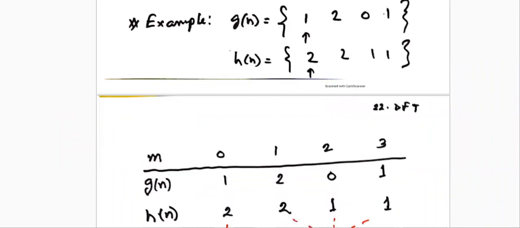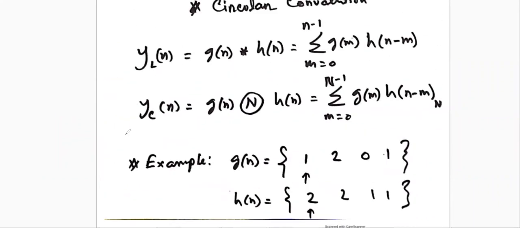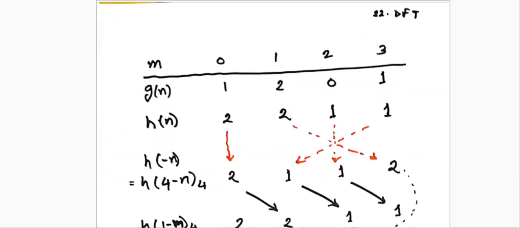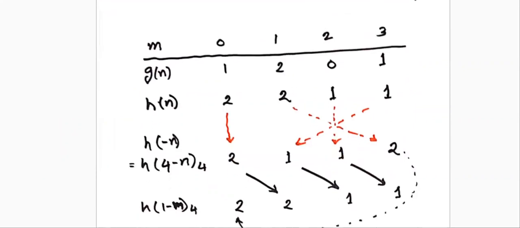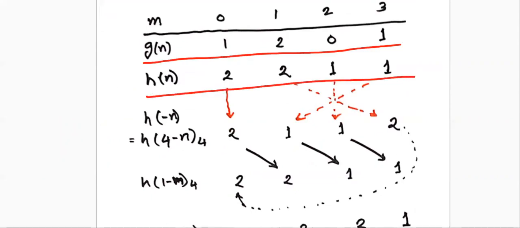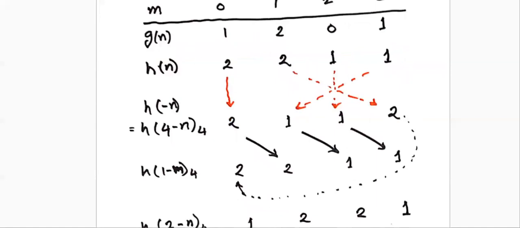Now we need to do the circular shifting. This is our equation. We are doing it step by step. This is our g(n) and this is our h(n). What is the first operation? We can write the equation on the left so we can understand it. This is the sum from m equals 0 to capital N minus 1, where capital N is equal to 4, so 4 minus 1 is 3.